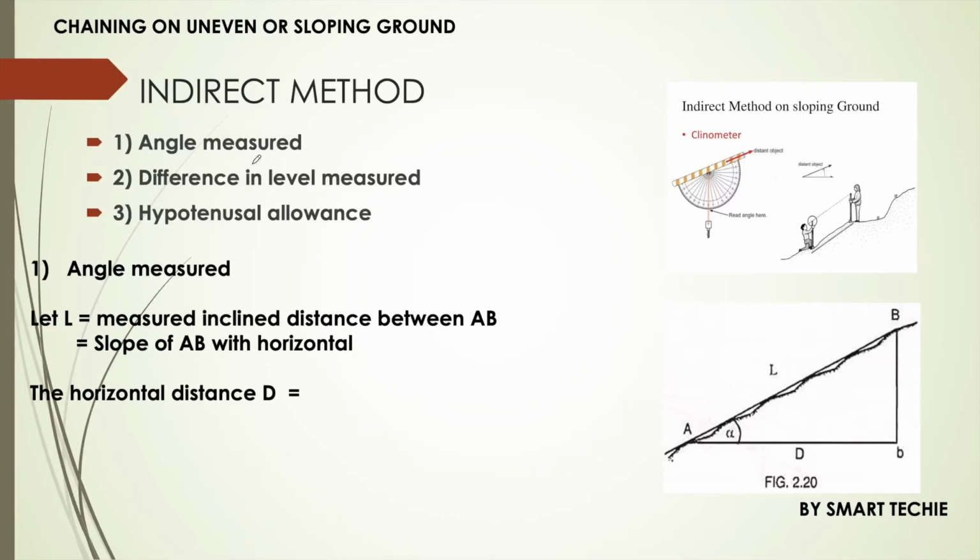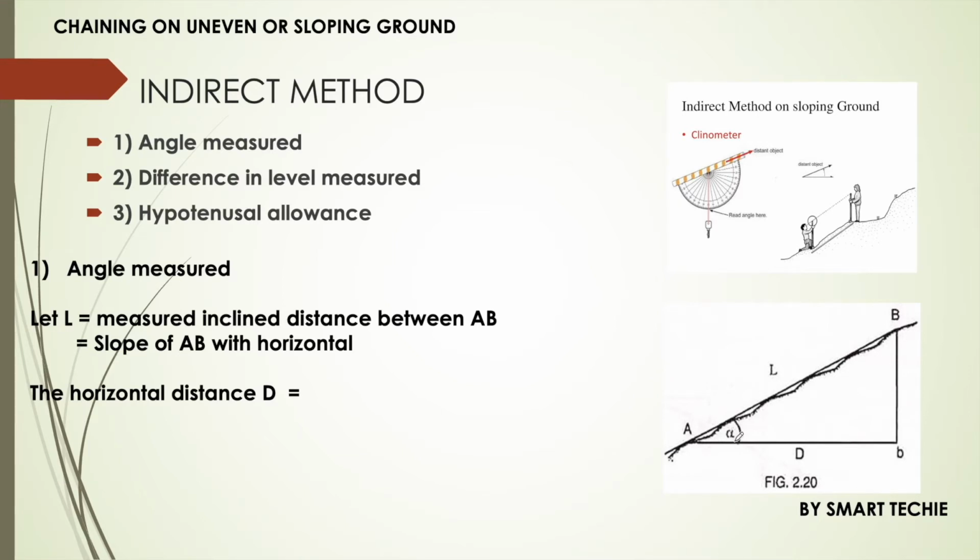In the indirect method we have three methods: angle measured, difference in level measured, and hypotenusal allowance. In angle measured, the sloping distance is measured, and the sloping angle is measured.